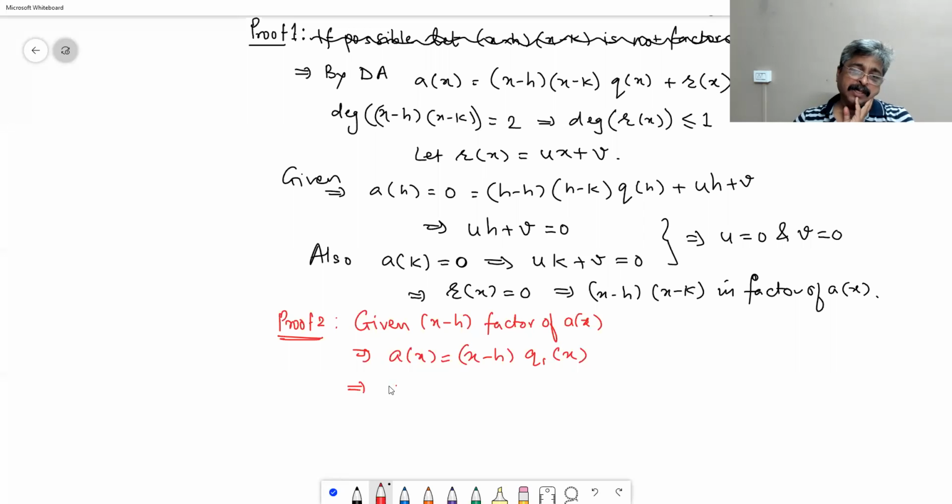This implies a(k) is equal to 0, which is equal to (k minus h) into q1(k).